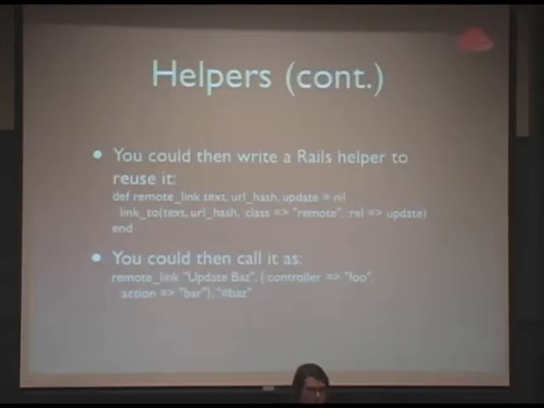And then with that in play, you can write a little bit of Rails code to hook that together and create a remote link that duplicates the functionality that you might find in the traditional helper methods.